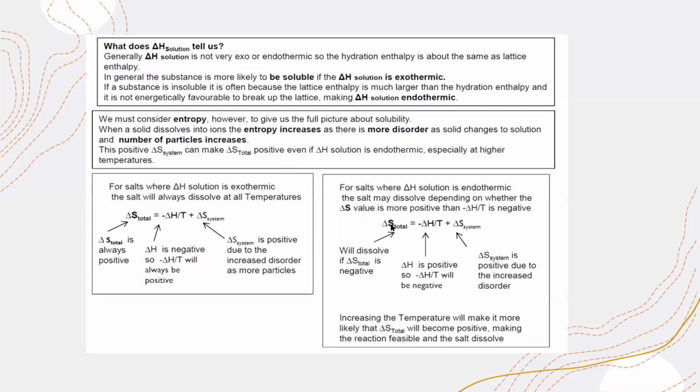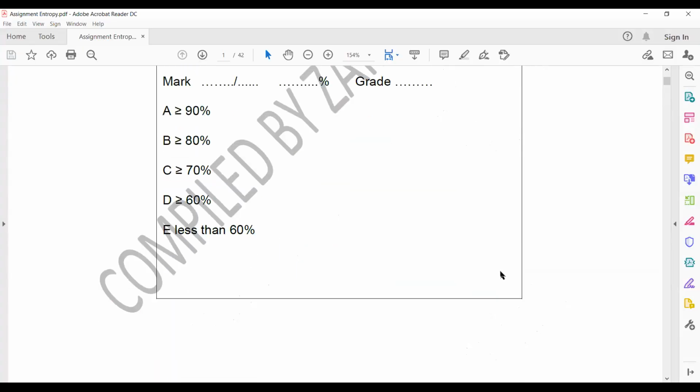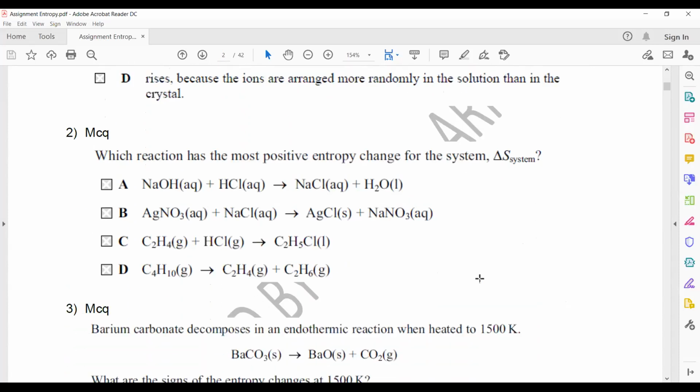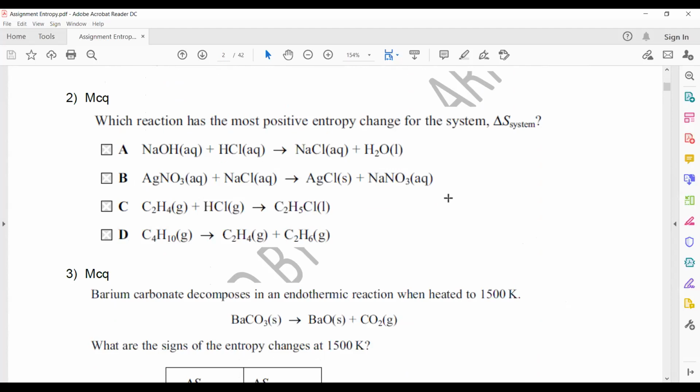Now some questions related to entropy and the rate of the reaction. For example, which reaction has the most positive entropy? What could be the answer?